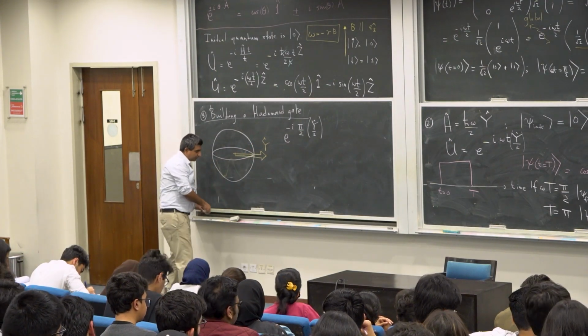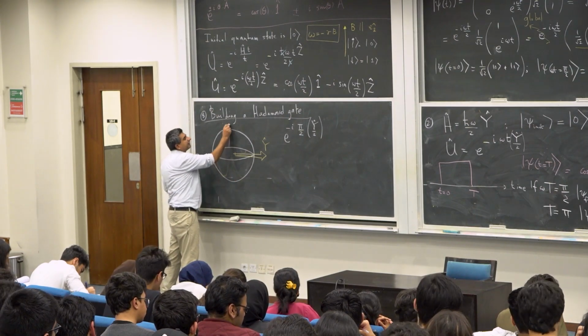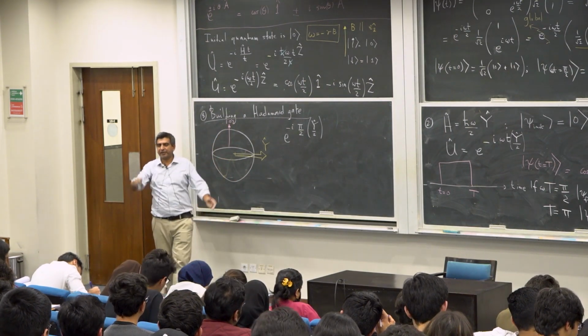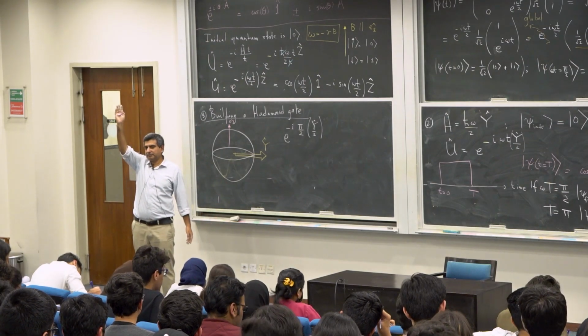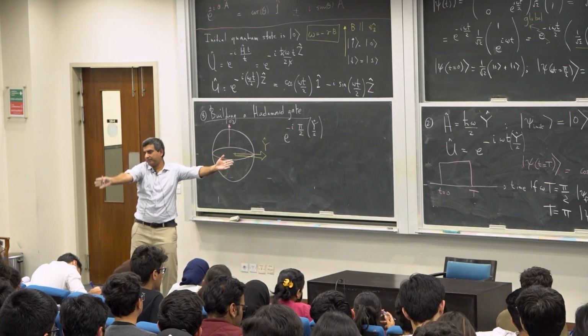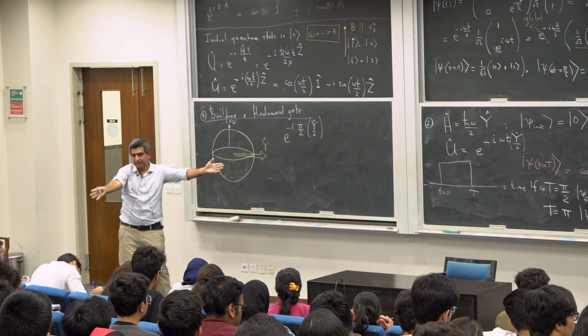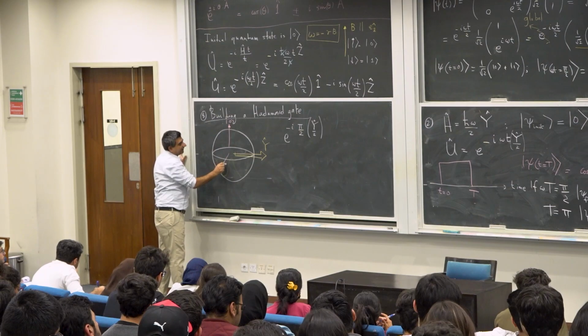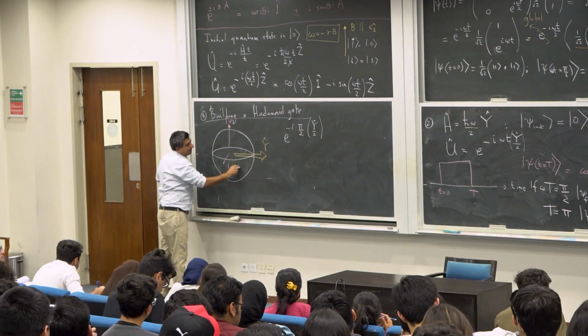Now let's look at this from a geometrical perspective. If I start off with ket 0, after this 90-degree rotation, where do I end? I end up at the equator, the equal superposition state. So I do end up here at ket 0 plus ket 1.